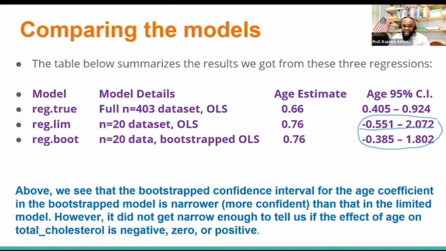And that was why I said above that the bootstrap confidence interval for the age coefficient in the bootstrap model is narrower. Narrower means more confidence than in the linear model. However, it did not get narrow enough to tell us whether the effect of age on total cholesterol is negative, zero or positive.